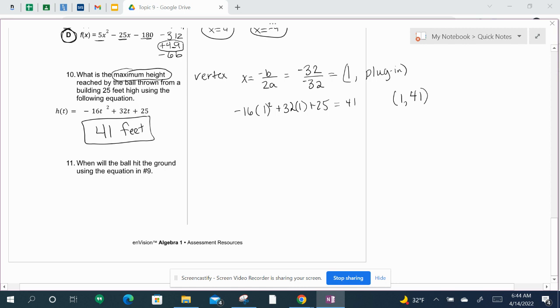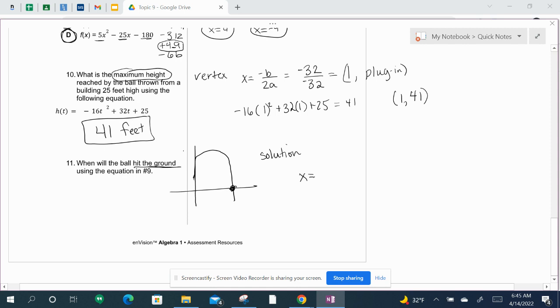And finally, question 11 says, when will the ball hit the ground? Guys, remember, we take this and we shoot it up in the air and then it comes down, and we talk about when will it hit the ground. It will hit the ground at a solution. So a solution would be either factoring, square root method, or quadratic formula. In this case, because of the problem type, I think quadratic formula is our best option.